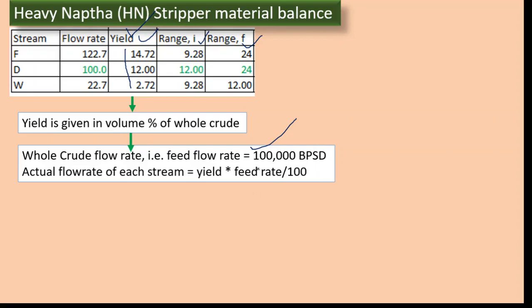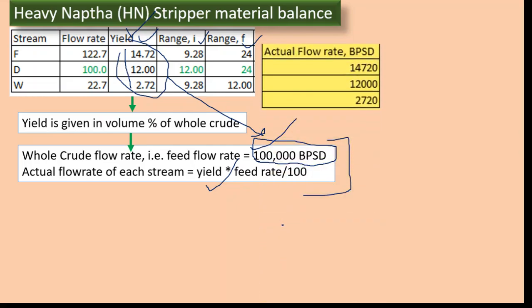With the help of this reference value of 100,000 bpsd, the yield is helpful because it is the percentage of this total flow rate. So to find the actual flow rate of any stream, we use this equation: yield multiplied by the feed flow rate divided by 100. In this way we can find the actual flow rate in terms of BPSD.